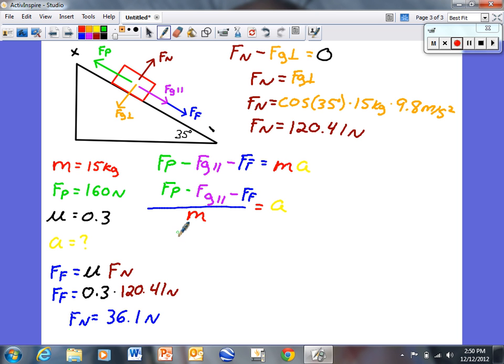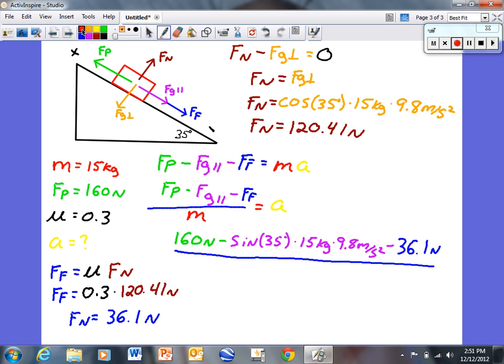Now I just have to plug in some numbers. Force of push is given as 160 newtons. Force of gravity parallel, we have an equation for that. That is the sine of the angle of the hill, which is 35 degrees, multiplied by the mass, which is 15 kilograms times 9.8 meters per second squared. And then I subtract friction, which we already solved, which is 36.1 newtons.